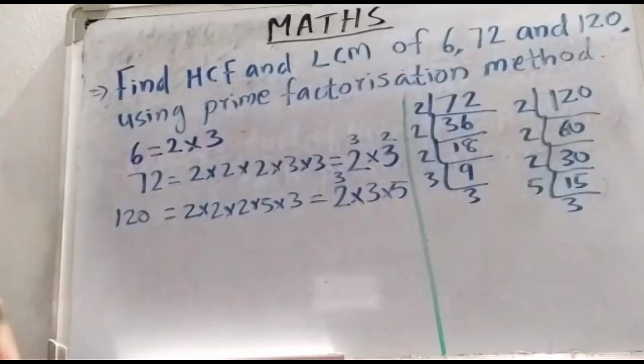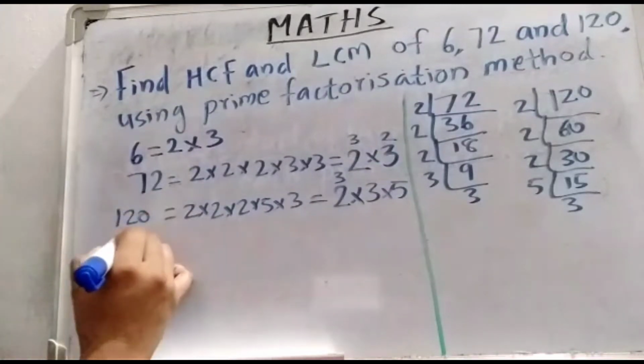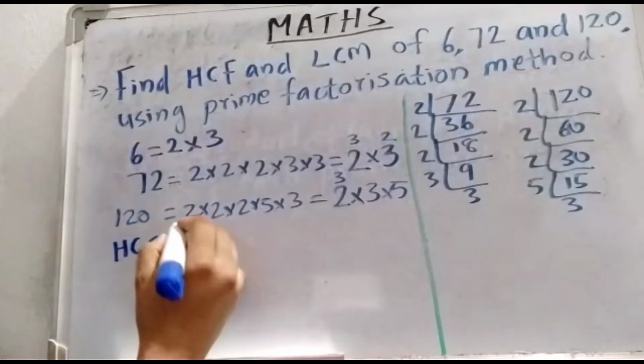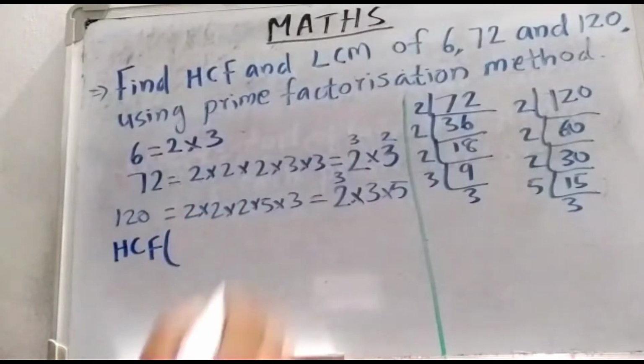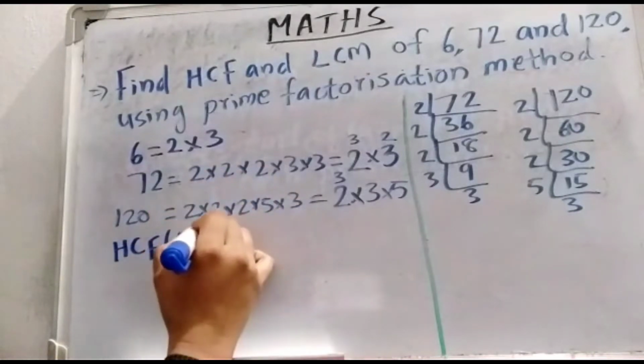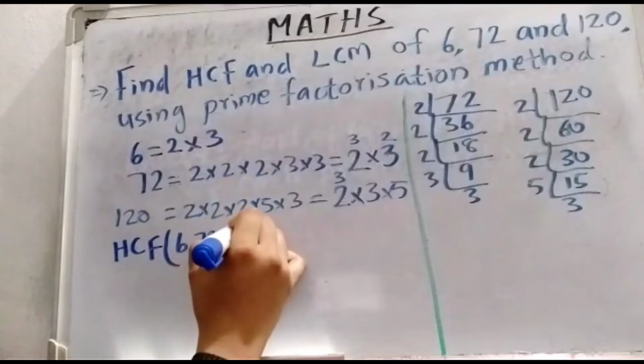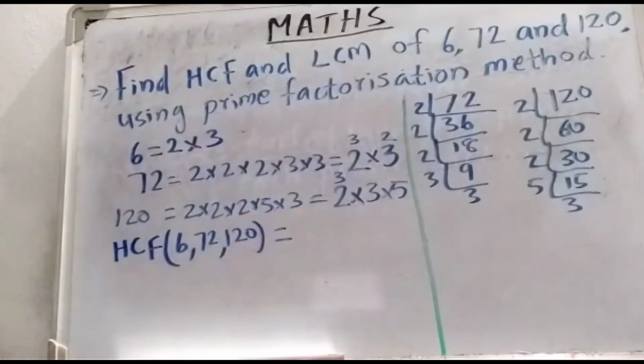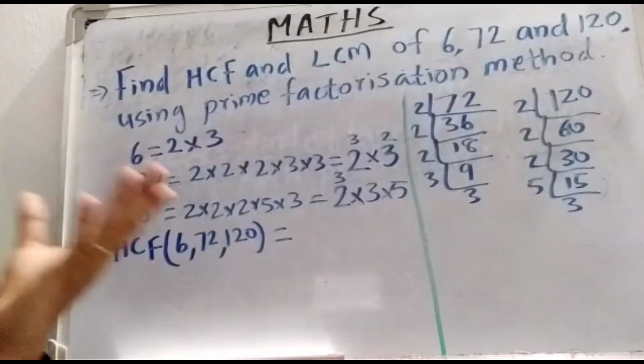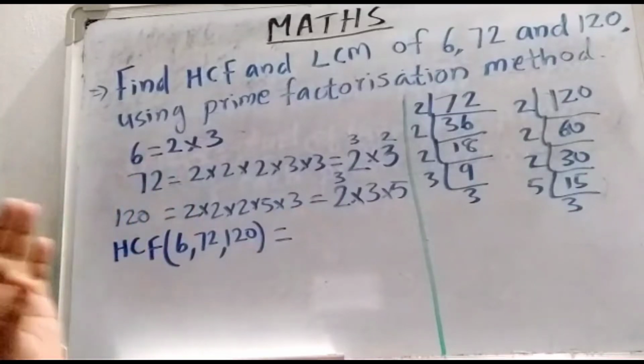So factorization is finished. Then HCF. HCF of 6, 72 and 120. HCF means the product of smallest power of each common prime factor.